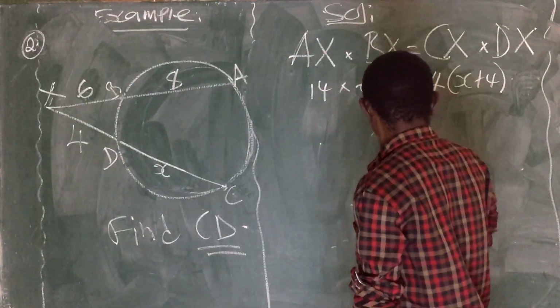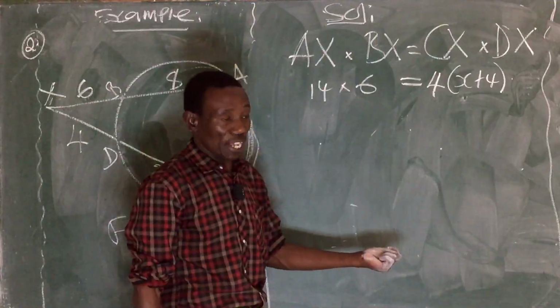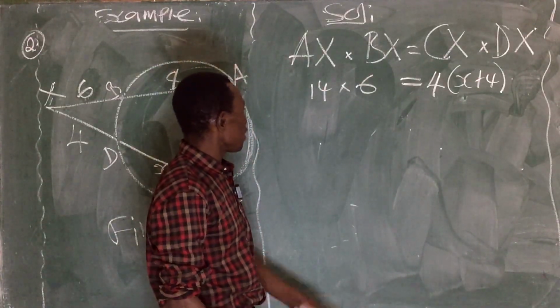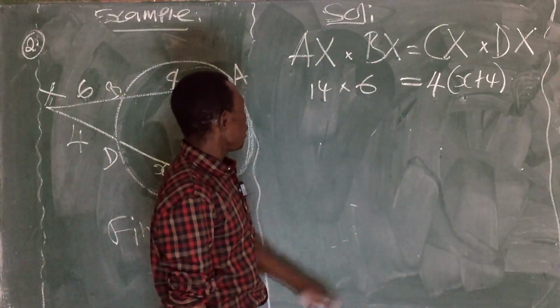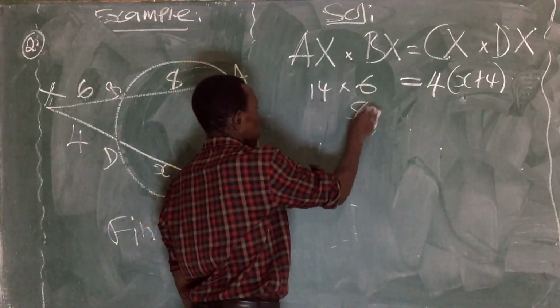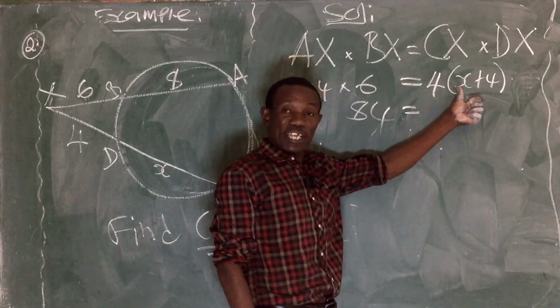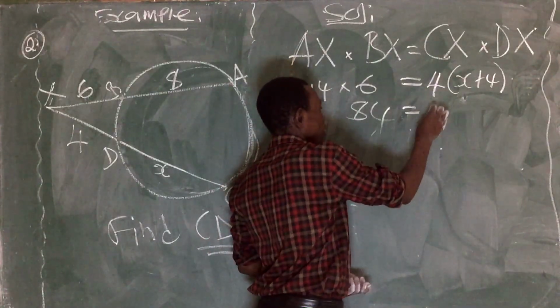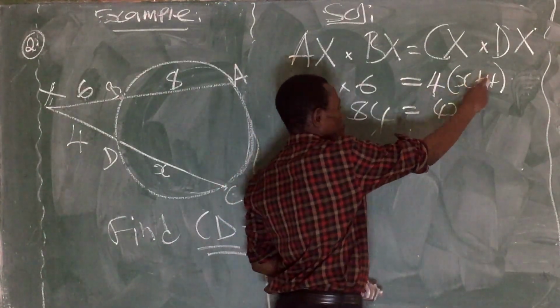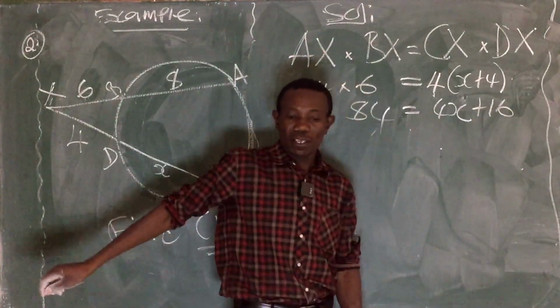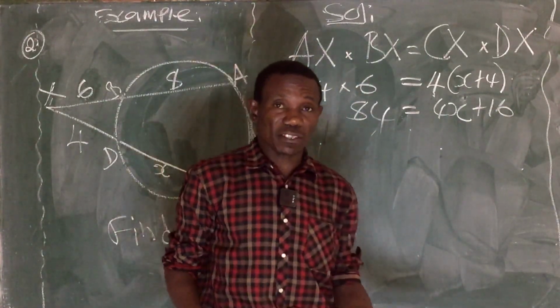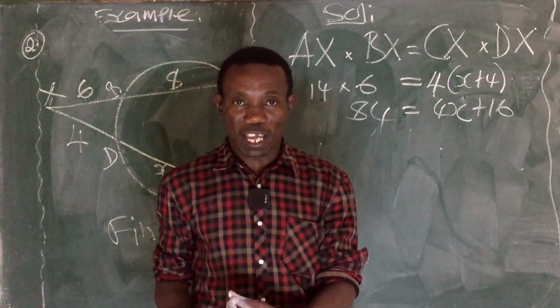You just have to work out the value of X in this equation here. So there you go, like this multiplied by this one, you find that this gives us what? 84. And then 4 times this one, by clearing the brackets, you have 4 times X gives us 4X, and 4 times 4 gives us what? 16. Right. What do you do next? Collect like terms together.